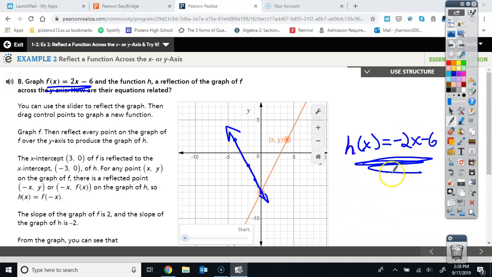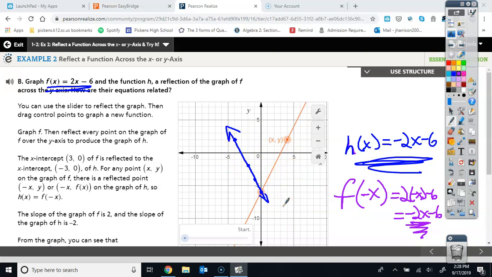Technically, what's happening is anytime you have a function, no matter what kind of function it is, if you plug in the opposite of all the x's, meaning you're plugging in these negative values, but you take the opposite of them before you do the rest of the function. In this case, it would be 2 times negative x minus 6. It becomes negative 2x minus 6, which actually reflects across the y-axis.